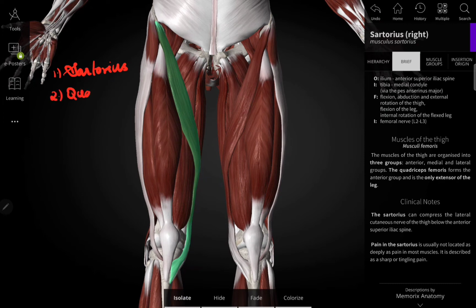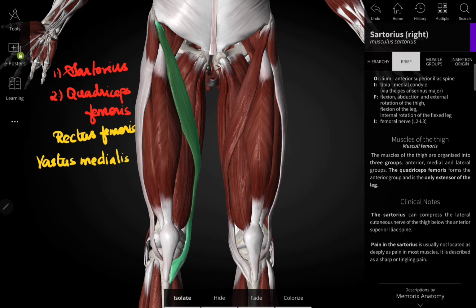Then there is a group of muscles called quadriceps femoris, which includes 4 muscles, namely the rectus femoris, vastus medialis, vastus intermedius, and vastus lateralis.